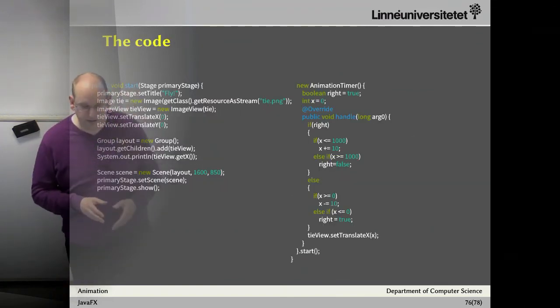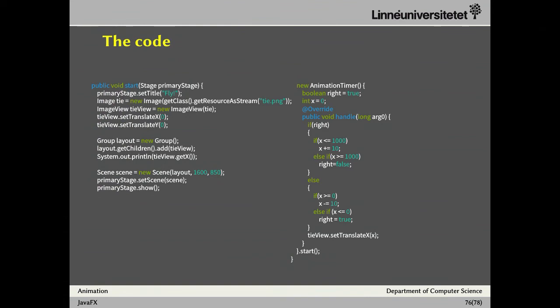On the left side, you see code for just setting up the scene. In this case, it merely puts a TIE fighter onto the screen. On the right side, and all of this is just one straight source code, so to say, I just put them side by side, is the anonymous inner class, sorry, which defines a direction, whether right is true or not.